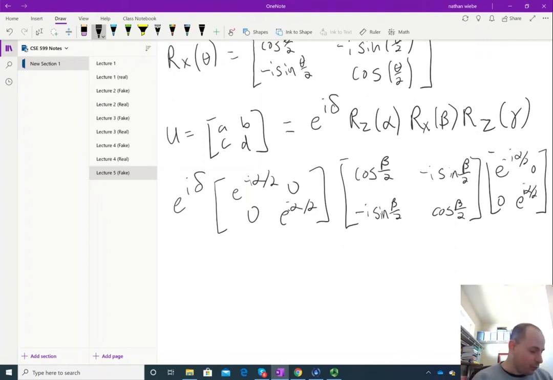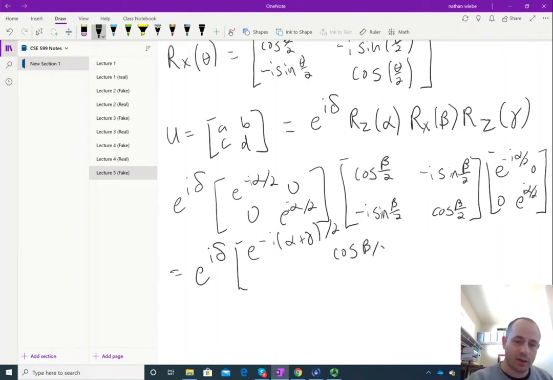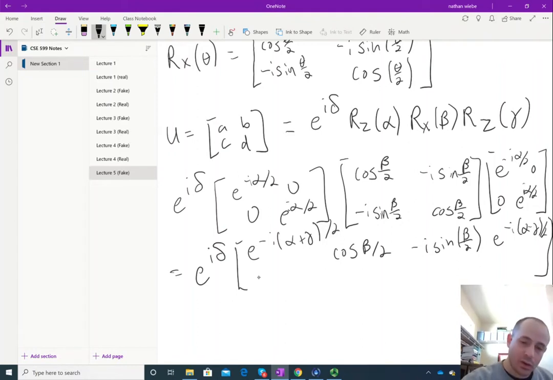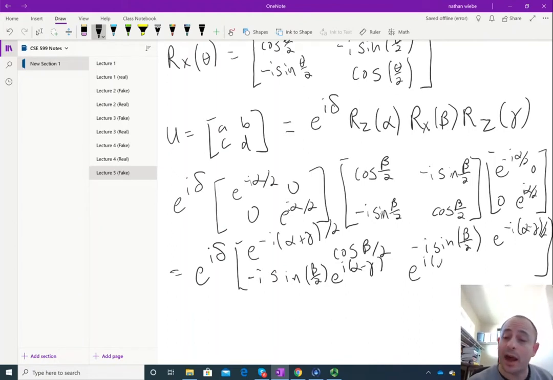Now, when we just go through and do ordinary matrix multiplication, we end up finding that this is e to the i delta times e to the negative i (alpha plus gamma)/2 cosine(beta/2), negative i sine(beta/2) e to the negative i (alpha minus gamma)/2, negative i sine(beta/2) e to the i (alpha minus gamma)/2, and then e to the i (alpha plus gamma)/2 cosine(beta/2) is the final form of the matrix.